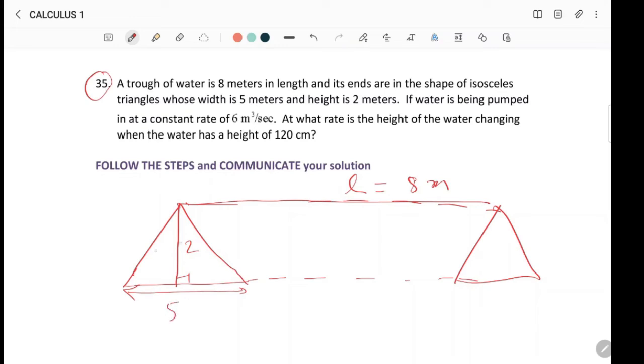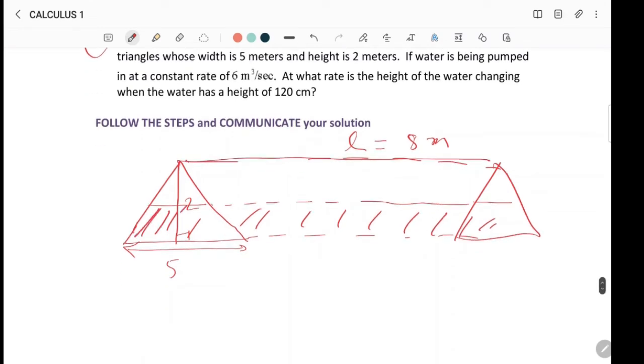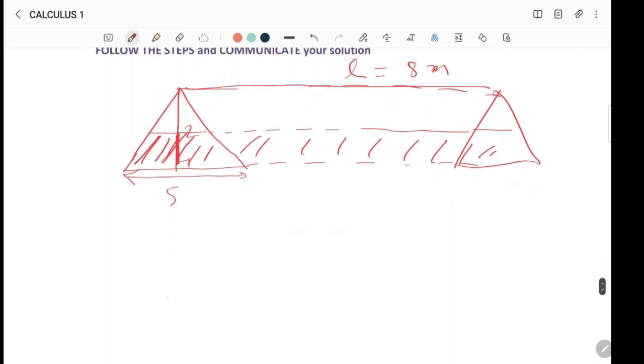Okay, and when water is coming inside, this is our water height. If we observe the water height, here I am considering h. Let me show this height as h.